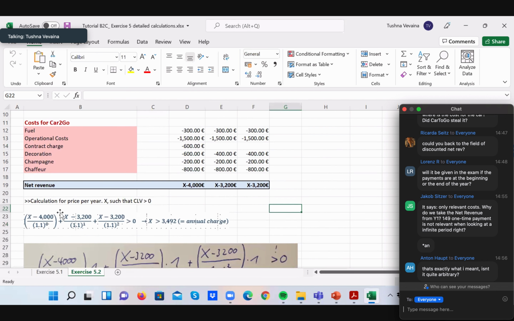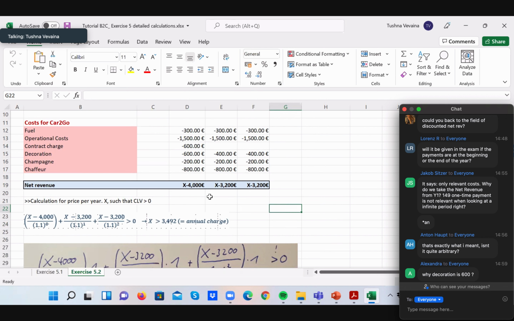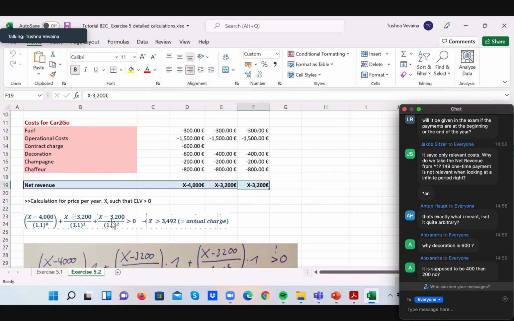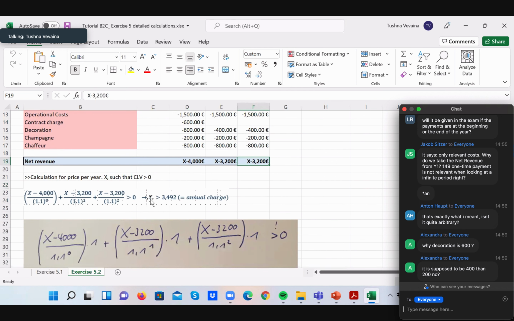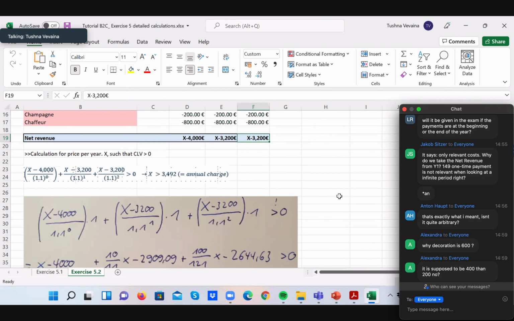And when we calculate this, we say, okay, that we're going to be considering even the discounting factor, because we know that this is for the subsequent years and we have to discount it. So that's how we get X minus 4,000 divided by 1.1 raised to 0, plus you add up everything considering the discounted surplus, and that we write as it has to be greater than 0. And when we get that, we say, okay, X has to be greater than 3,492 as the annual charge.